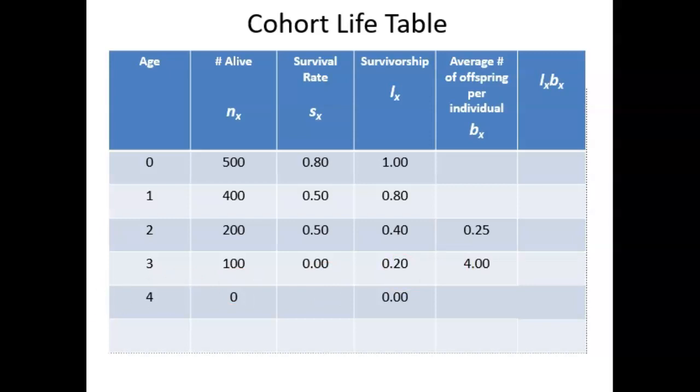Using that information, we can then calculate Lx times Bx. So Lx is that survivorship column, Bx is the reproduction column. This calculation is basically saying, what are the chances you'll still be alive at each time class? And if you are, how much reproduction are you doing?